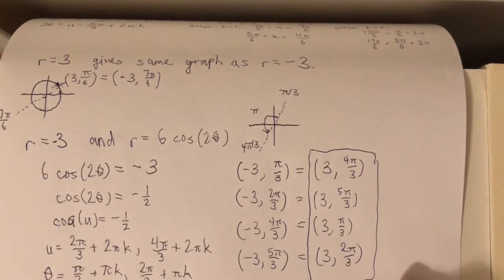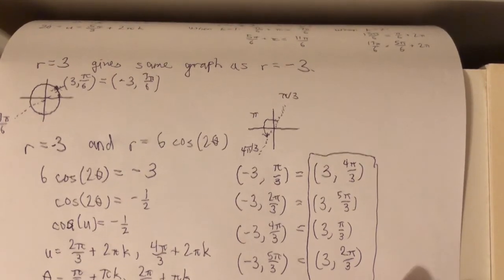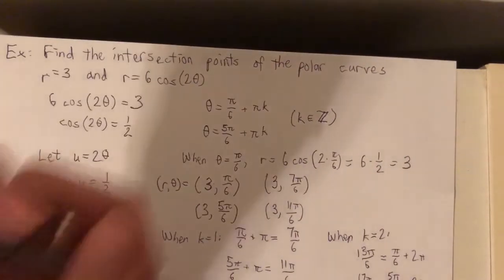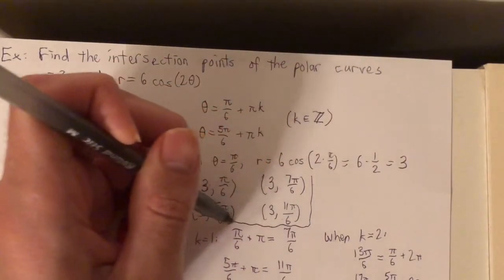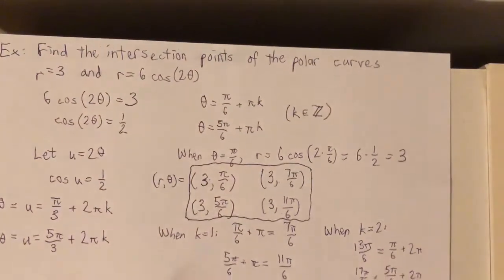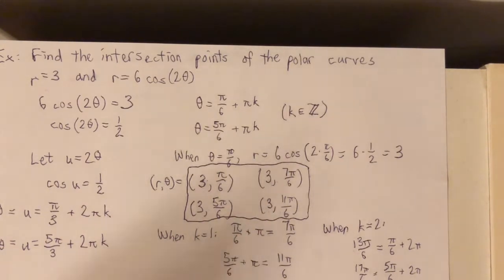This is one of the things I was talking about before, about how finding the intersections of polar curves can be a little bit wild, and it all goes back to the fact that polar points have infinitely many representations. So there's 4 of our solutions, and then the other 4 solutions, we had (3, π/6), (3, 5π/6), (3, 7π/6), (3, 11π/6).